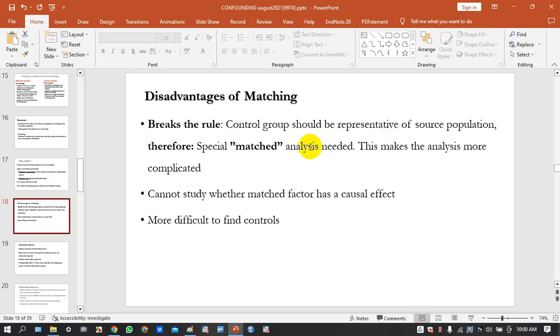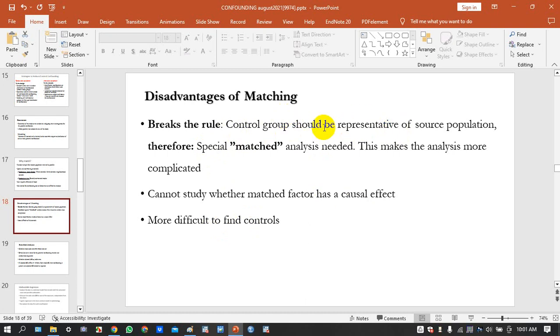For instance, in a matched analysis, you cannot study whether the match factor has a causal effect. More difficult to find controls. Okay, so with the first one, if the control group is not representative of the source population, for instance, you are looking at nurses and you bring hairdressers, how can you compare hairdressers and nurses?